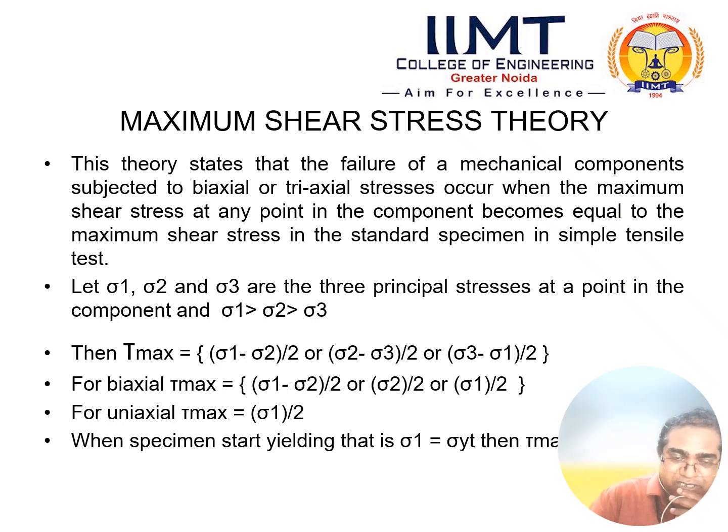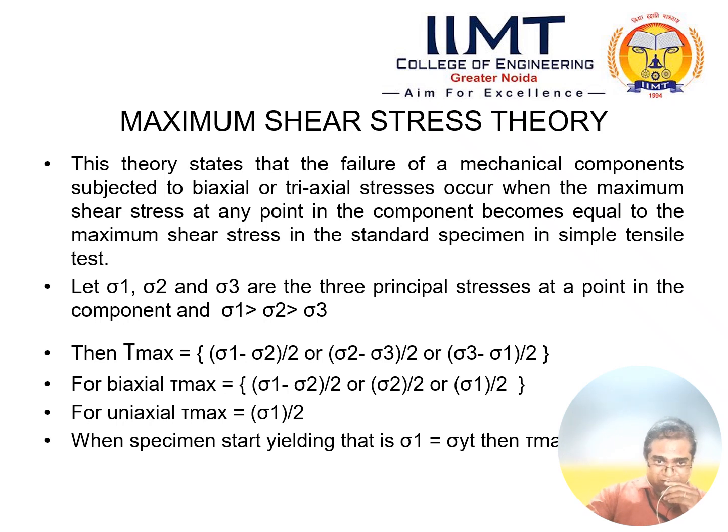So we have to calculate the values of the principal stresses sigma 1, sigma 2, and sigma 3, which are three principal stresses, and all these three principal stresses are mutually perpendicular to each other. With the use of sigma 1, sigma 2, sigma 3, we can calculate the maximum shear stress.